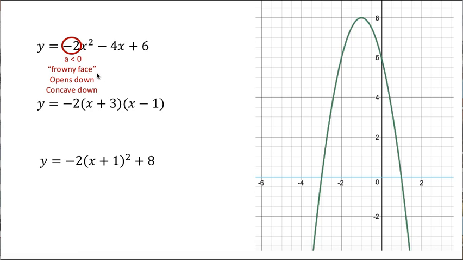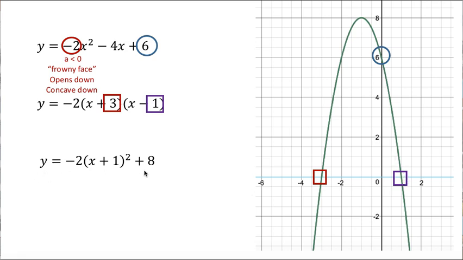Okay. This 6 tells you about the y-intercept. In our factored form here, this +3 means you've got -3 is one x-intercept. This -1 here tells you 1 is the other x-intercept.